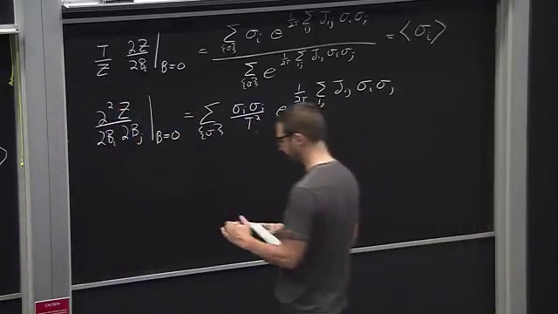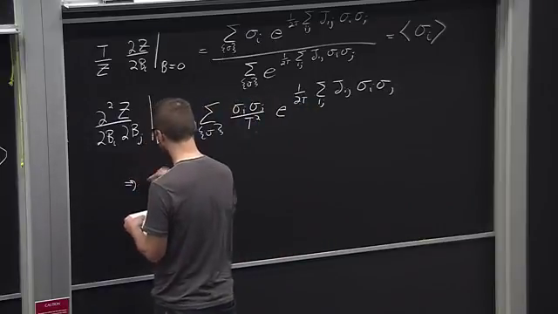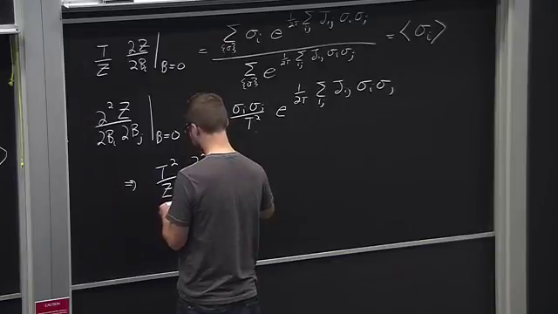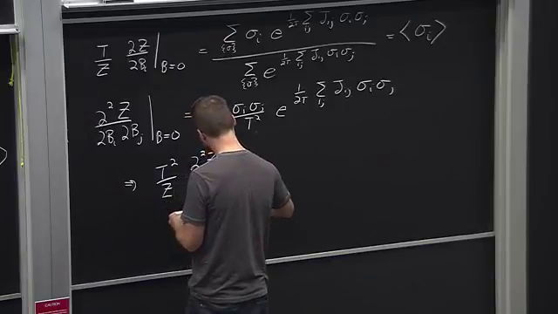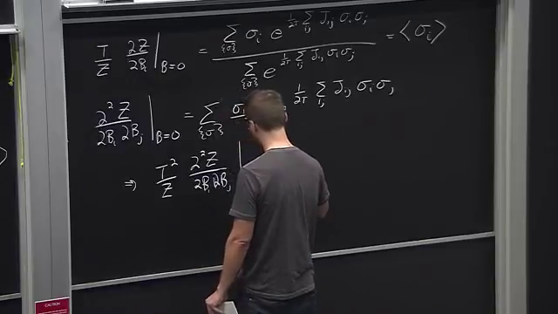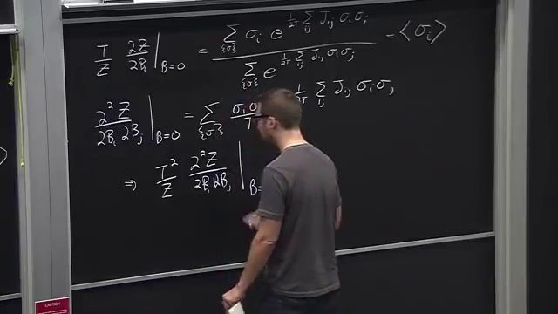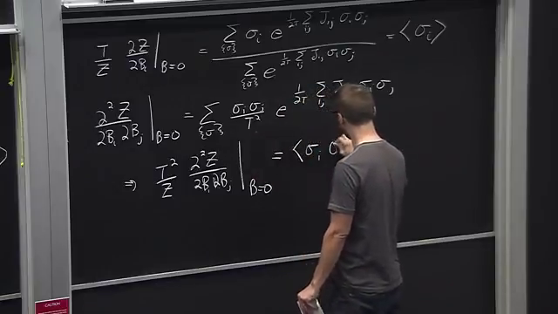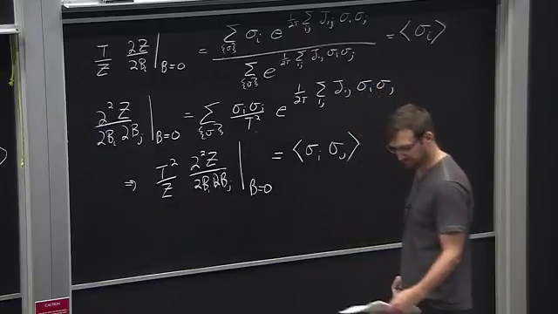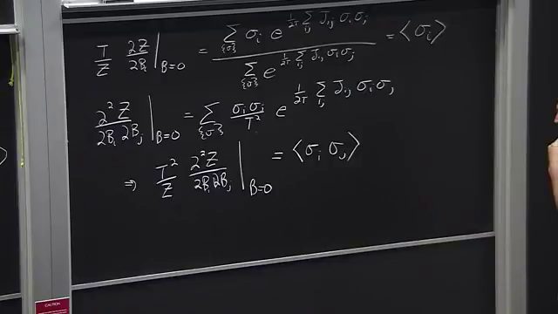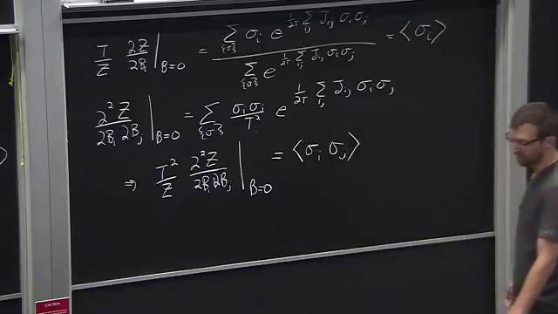Okay. T squared Z. So this thing should give me sigma I, sigma J. Right. That's it. That's the proof, basically just understanding how these generating functions work.